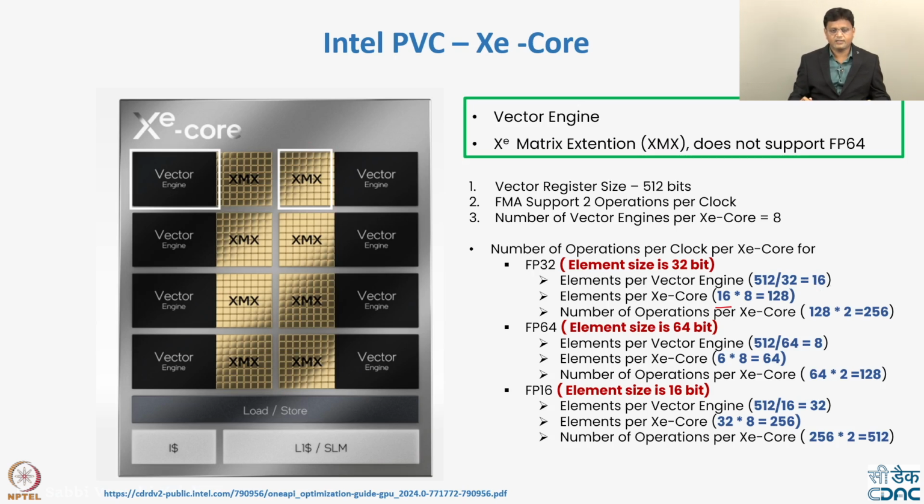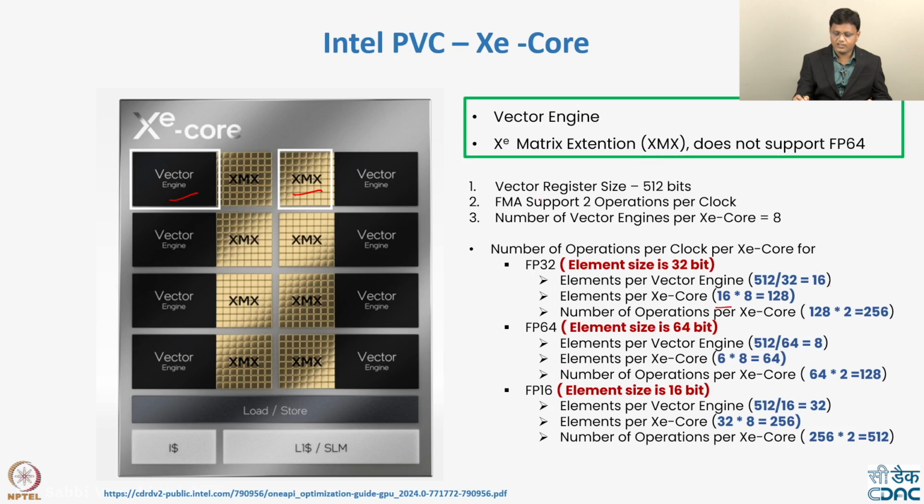If you look inside the XC core, you will find that there are majorly two components. The first one is a vector engine and the second one is XME. XME is a matrix extension, and you can think of it as the tensor core which we have discussed in NVIDIA GPU. Now, let us focus on the vector engine.